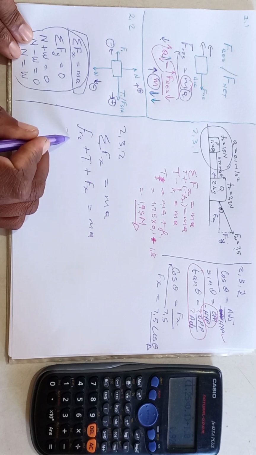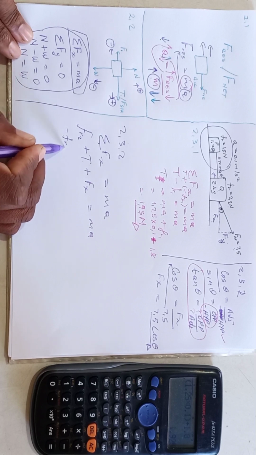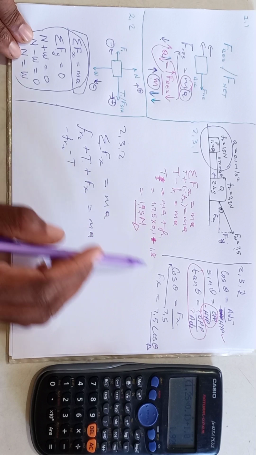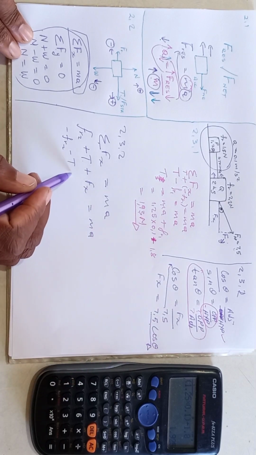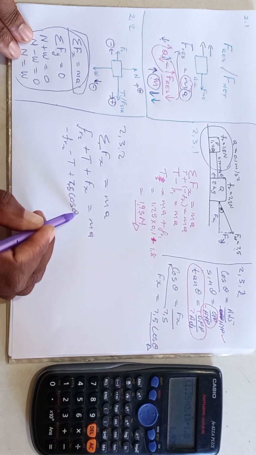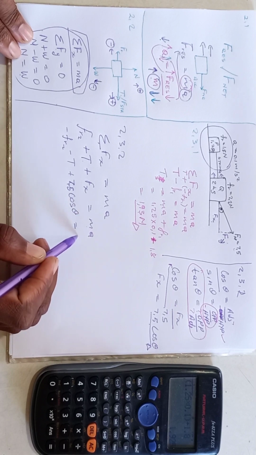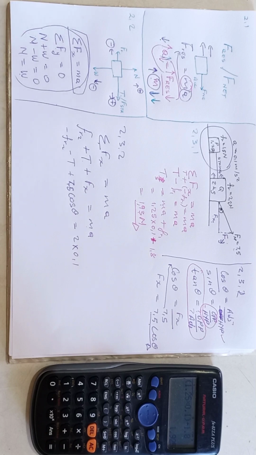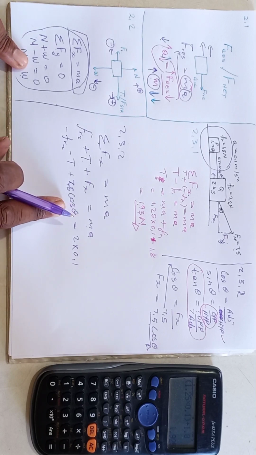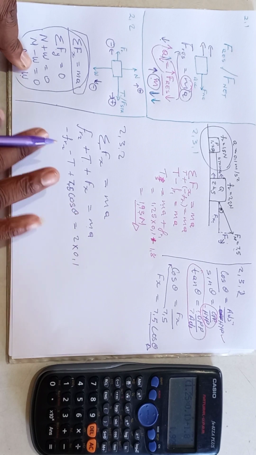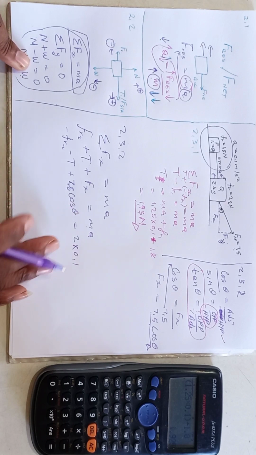So this makes Fr2 negative and the tension force negative. And this one is equal to that, so we can replace it with 7,5 cos theta. And the mass is 2 times 0,1.